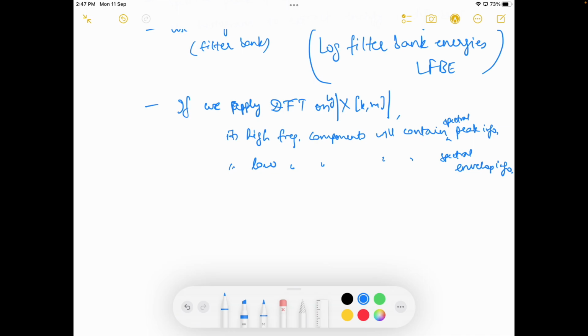And I'm interested in spectral envelope, so I will simply take the low frequency components of that DFT, and I'm very happy with it, right?